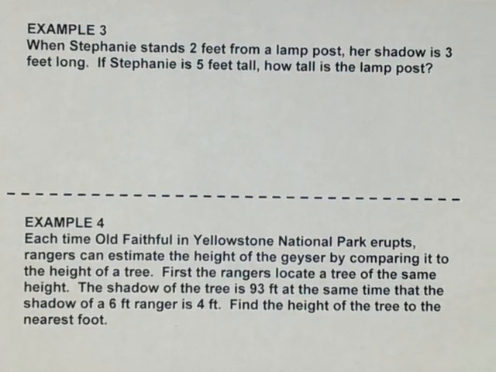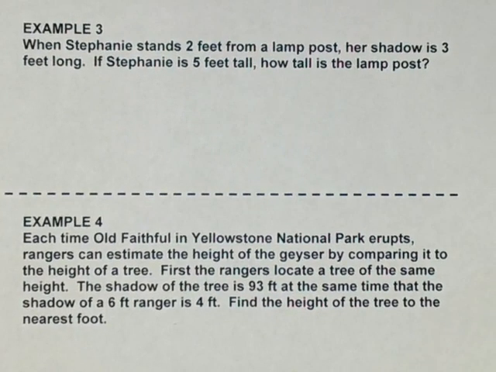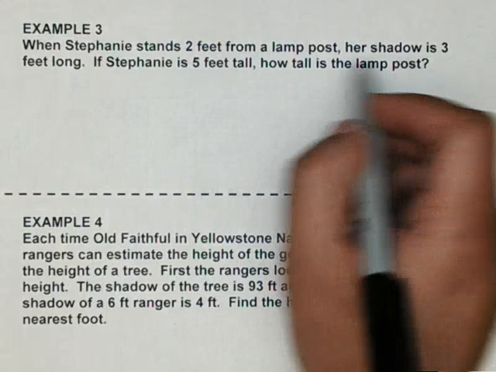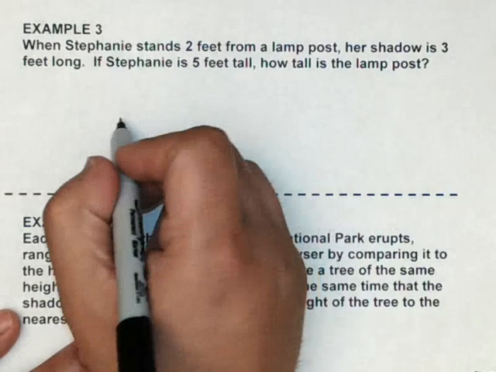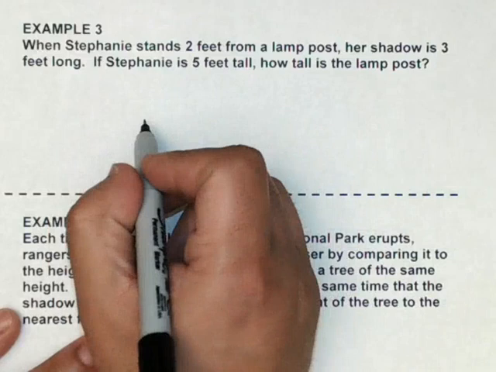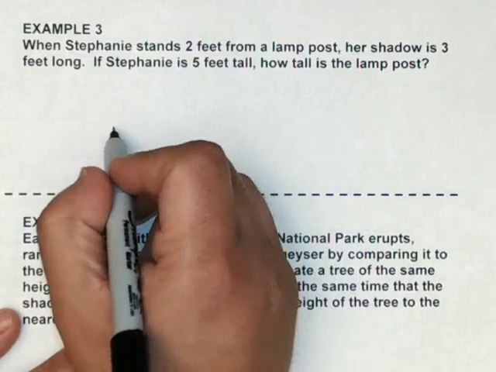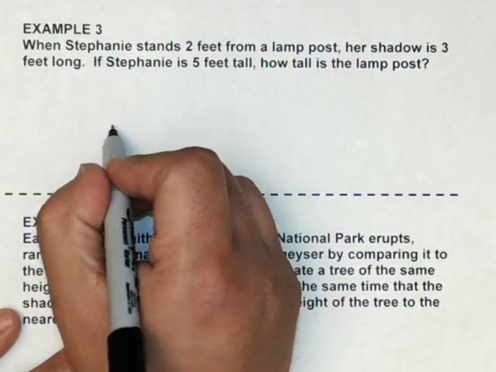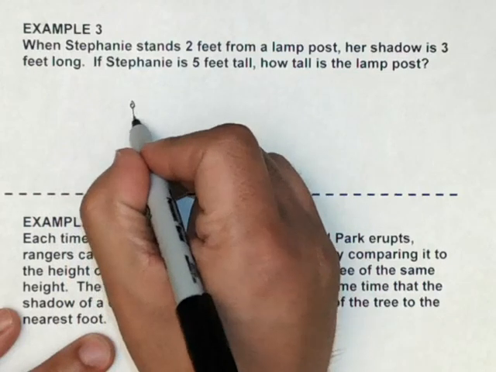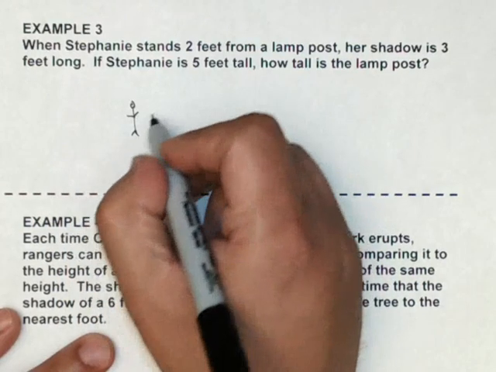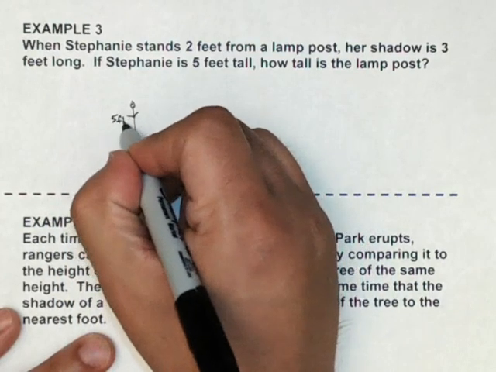All right, next example. Stephanie stands 2 feet from a lamppost. Her shadow is 3 feet long. If Stephanie's 5 feet tall, how tall is the lamppost? So let's draw it. Here's Stephanie, and she's 5 feet tall.